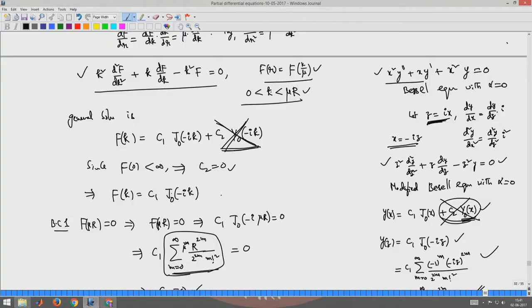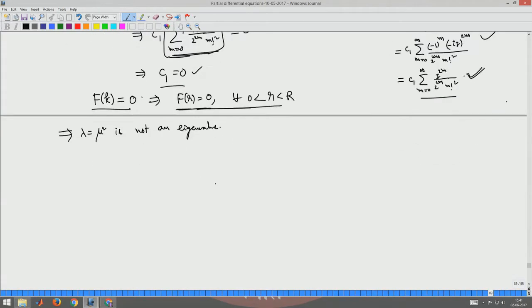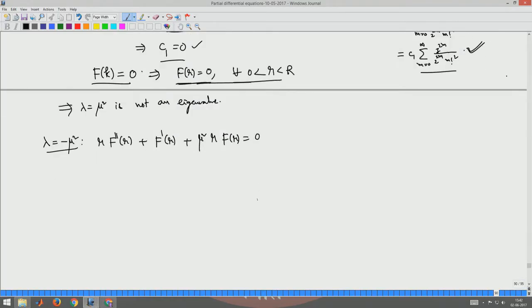Okay. So, now we are left with only lambda equal to minus mu square. If you see, the equation becomes f double dash of r into r plus f dash of r plus mu square into r f of r equal to 0. So, if you multiply r both sides, you get this.